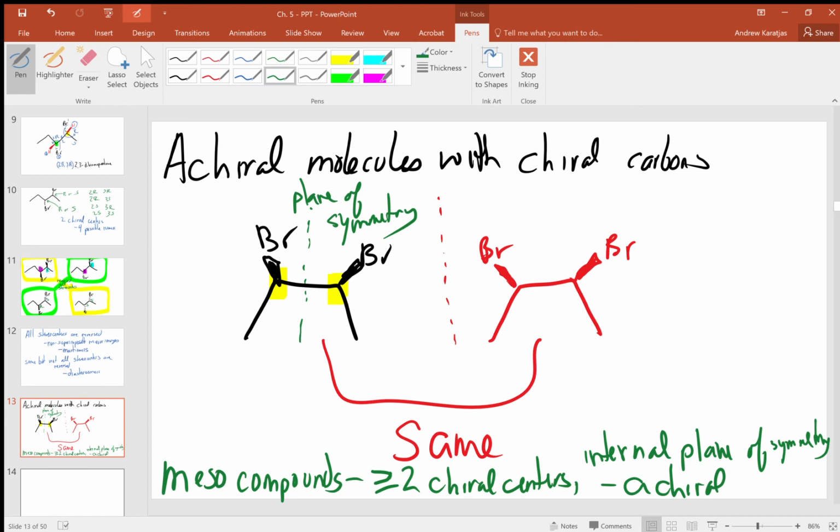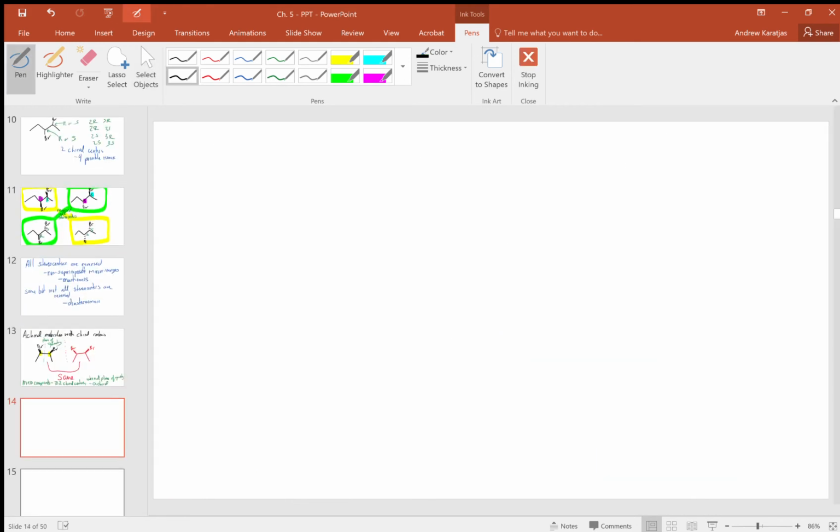Now, we can also have sort of the opposite effect, chiral molecules that have no chiral centers. And that might seem kind of strange to us. But recall in the last chapter when we looked at Newman projections and we talked about rotation about a bond.